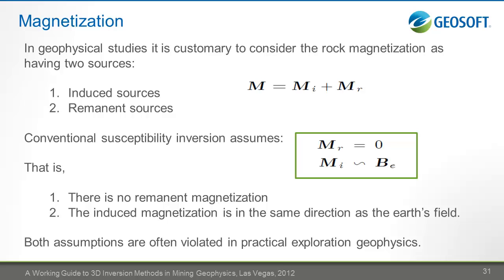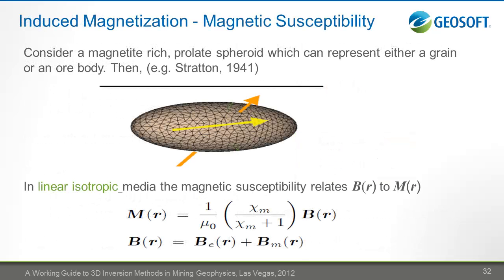So for induced magnetization, let's consider this elliptical body, this prolate spheroid, and it might represent either a grain or anything up to an ore body. What we know is that if the inducing field is in the direction of this orange arrow, the actual induced magnetization will be in a direction more like that shown by the yellow arrow.